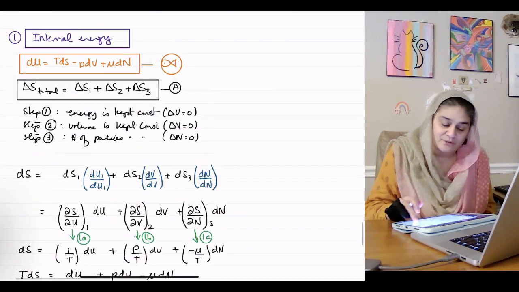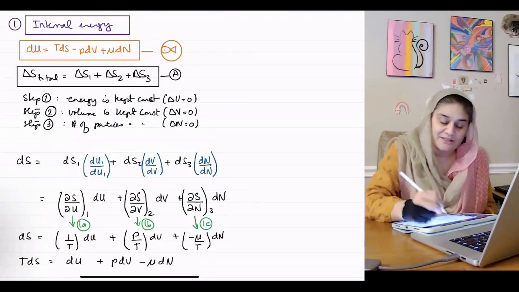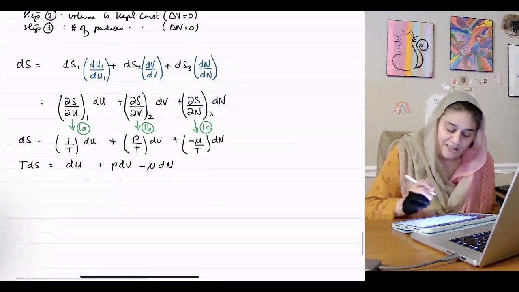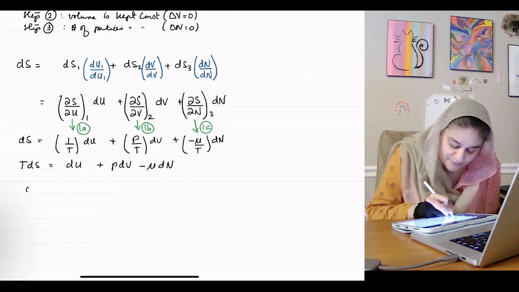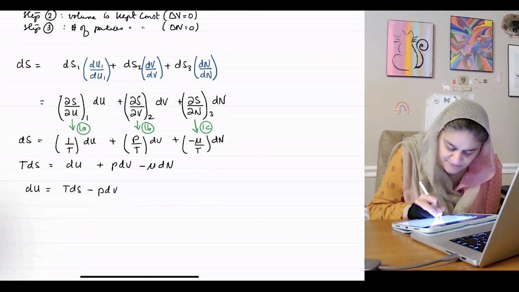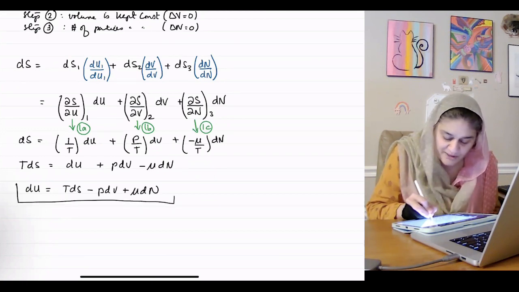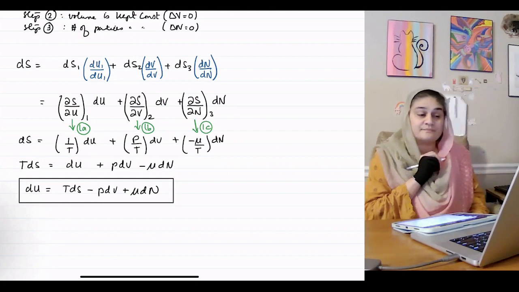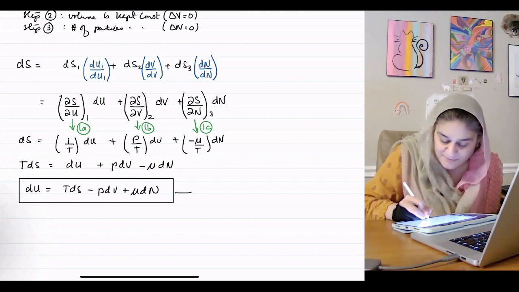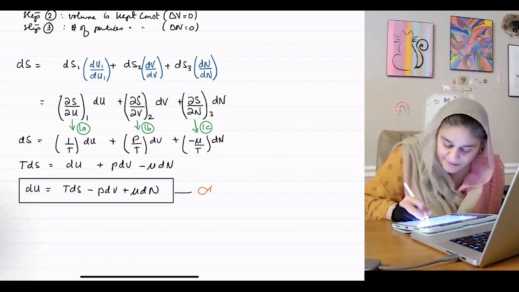And since I was looking for my internal energy to my fish equation, I can move these over and rewrite this as dU equals TdS minus PdV plus mu dN, which is what I was looking for. And that indeed is my, yay, fish equation.